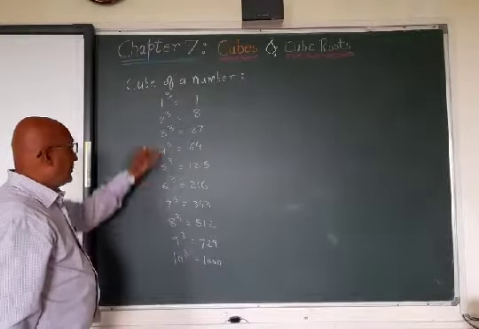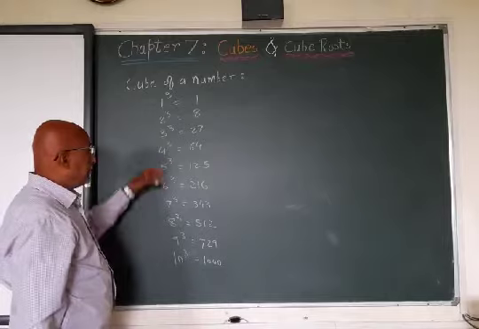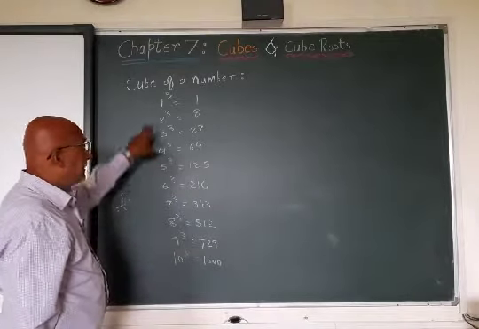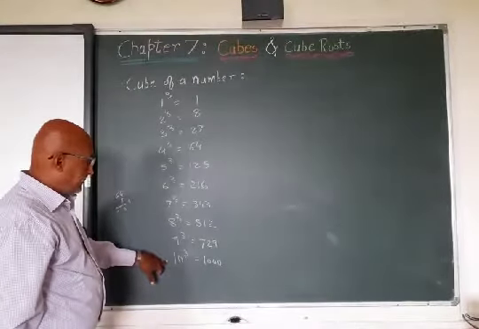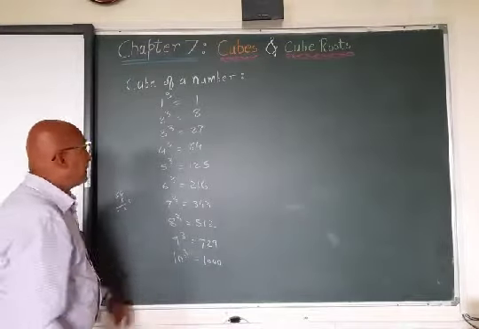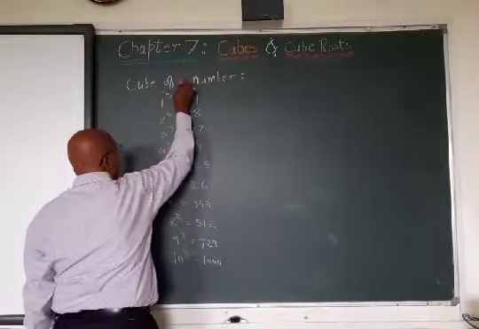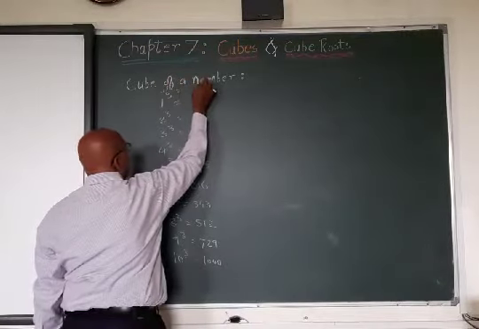So, how many cubes are there from 1 to 1000? There are 10. If we add 0 in this, 0 cube will be 0.